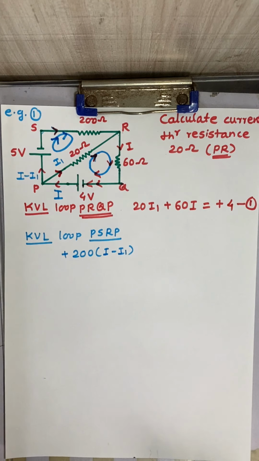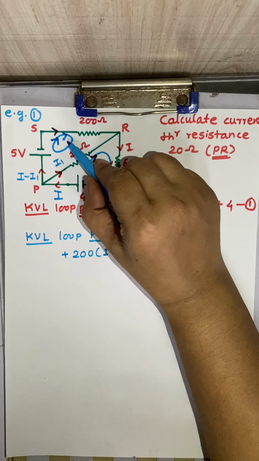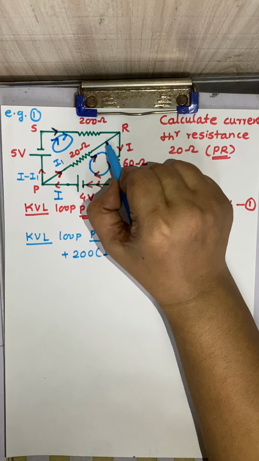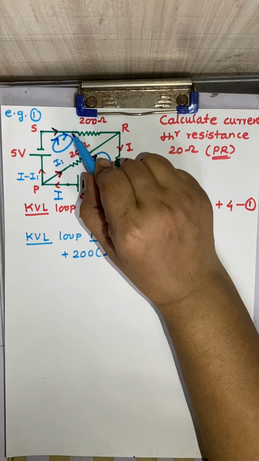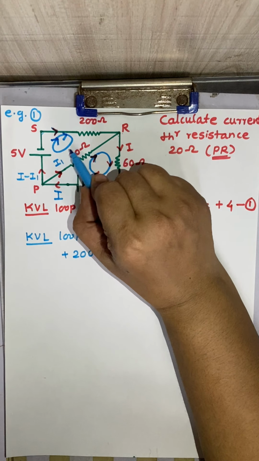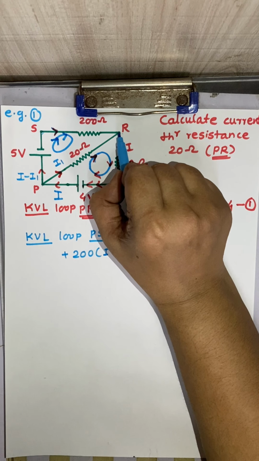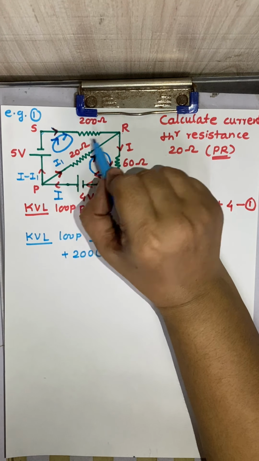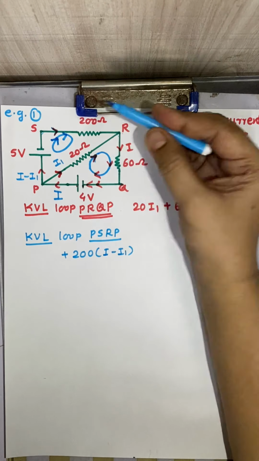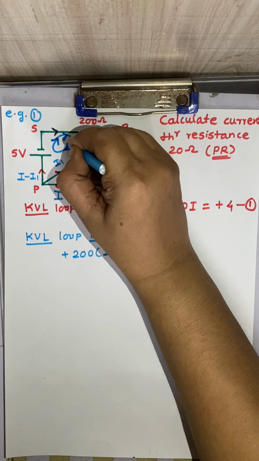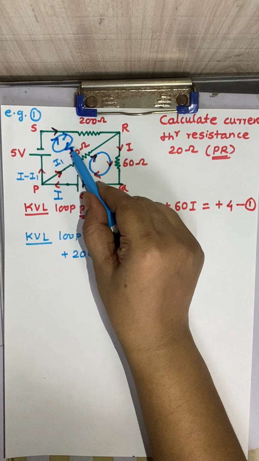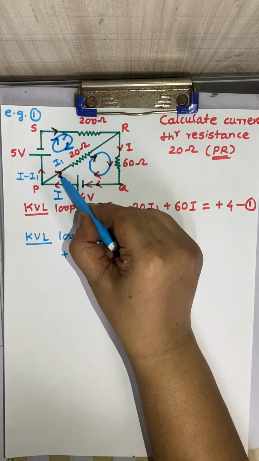Okay, now after that we will move from R to P, because we have to complete the loop. Yes, so to complete the loop and again come back to the point P, we have to travel from R to P. So when we travel from R to P, you can see that the direction of traversal is opposite to the direction of the current I1 shown in the diagram.